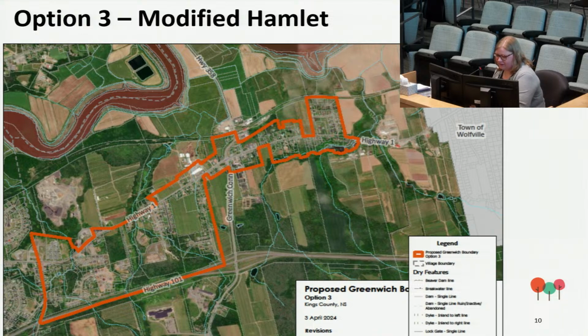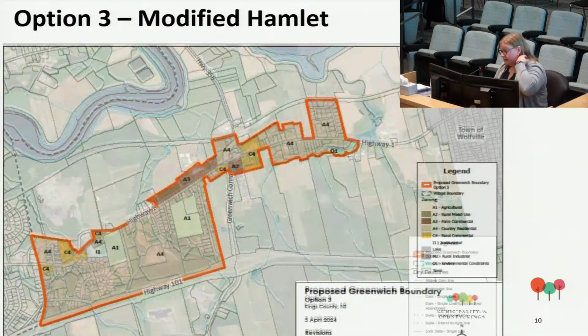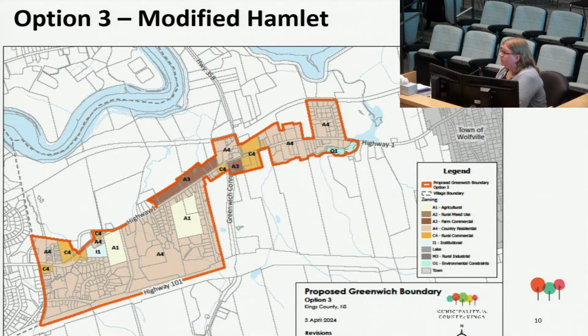This option has a total of 313 acres, so roughly 150 acres less than the previous option. 26 of those acres are in the A1 zone. So this option really minimizes the amount of A1 lands lost, and only 15 acres are identified as being in active production.